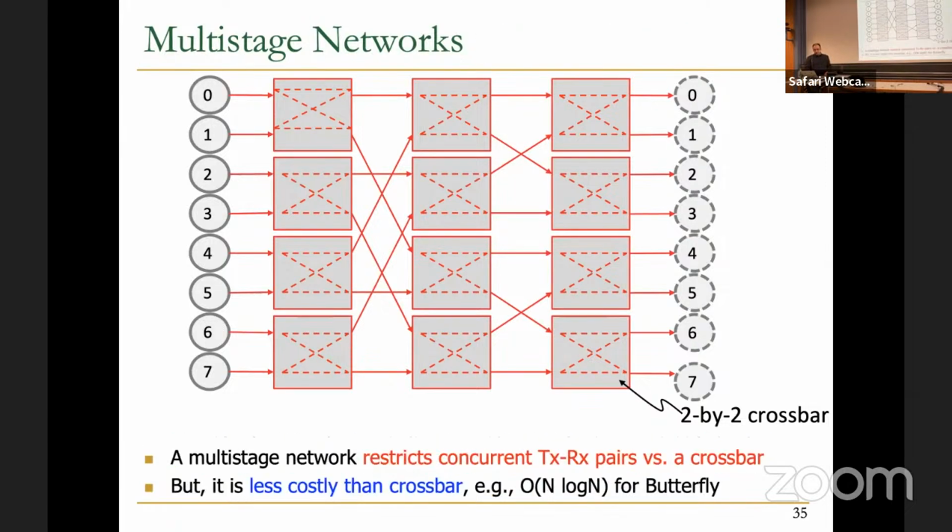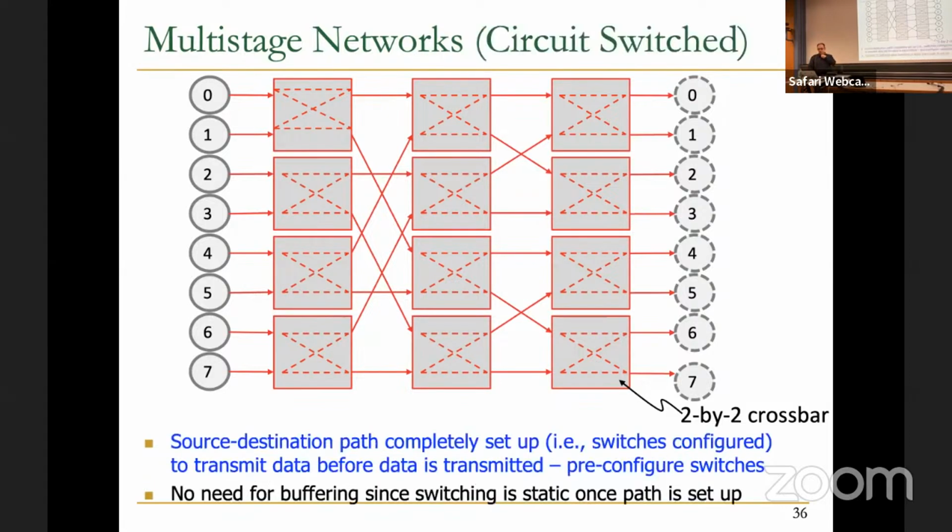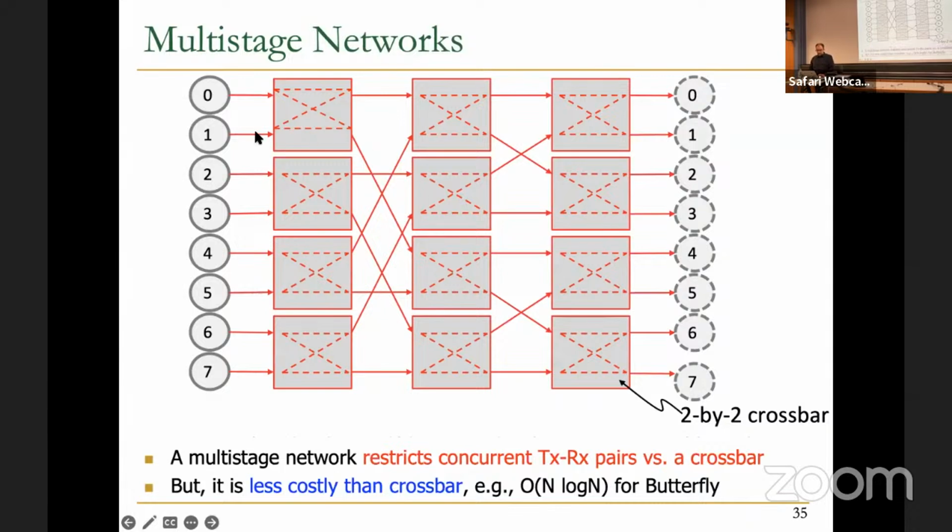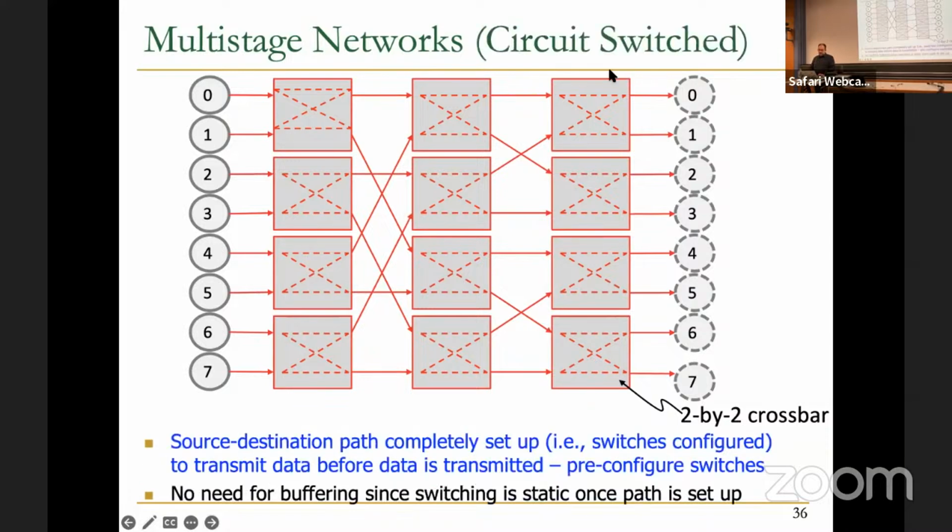Any questions? There can be different ways to implement multi-stage networks. One way is to send your packets so they traverse the network hop by hop, and you need to route them and buffer them until they get to the destination. But you can also think of circuit switching, which we're going to learn about at the end of this lecture, in flow control.